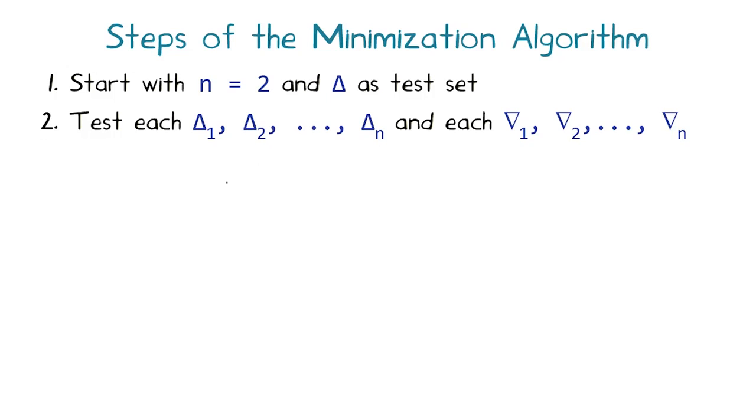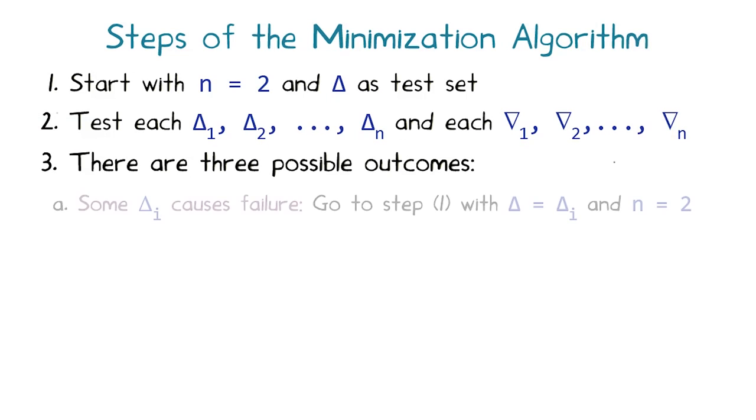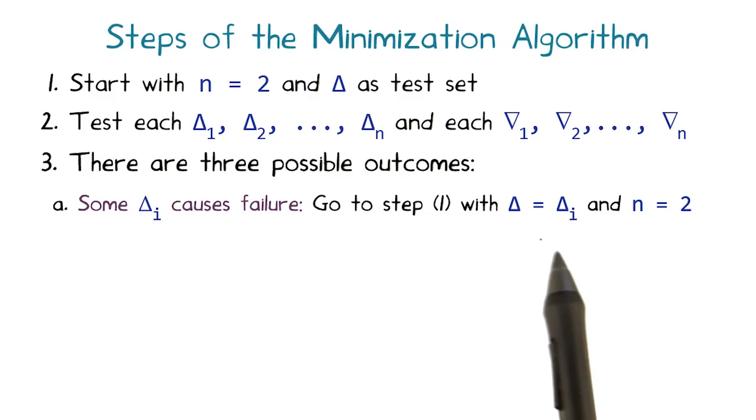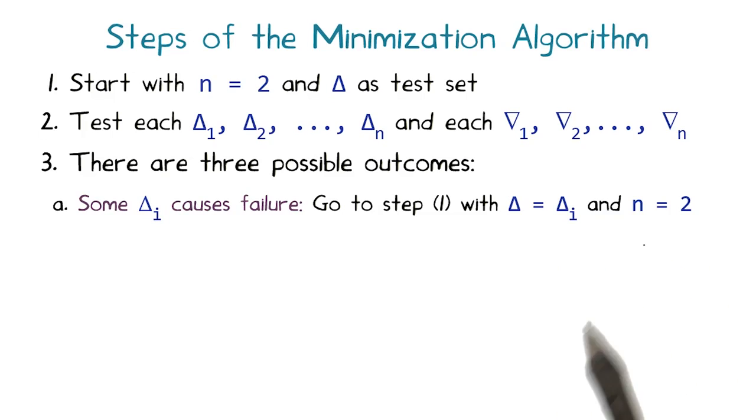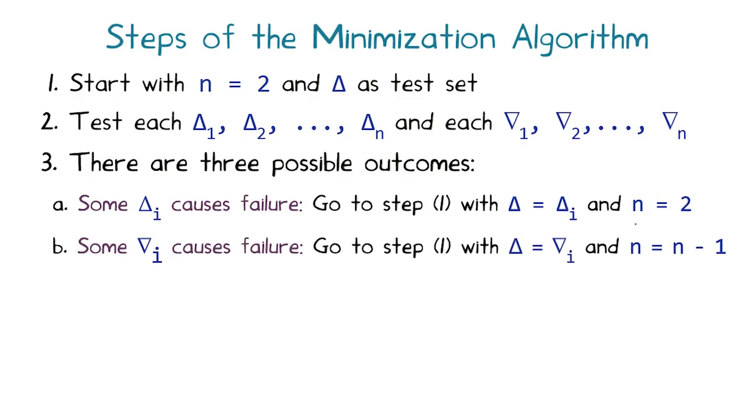There are three possible outcomes. If some delta i causes the test function to fail, then we go back to step 1, this time with delta equals delta i and resetting n to 2. Otherwise, if some nabla i causes the test function to fail, then we go back to step 1, this time with delta equals nabla i and decrementing n by 1.